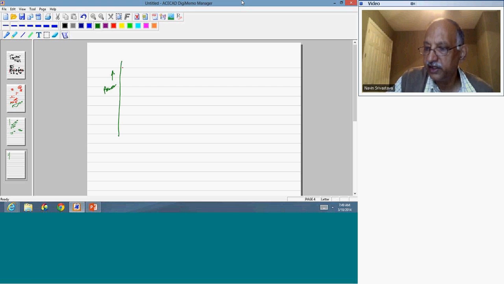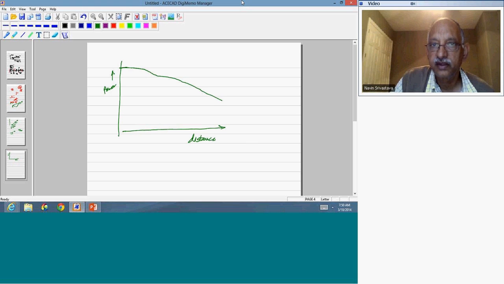As we travel, this is distance. So the power is going to decrease, isn't it? As a function of length, this power decreases, which is basically inversely proportional to 1 by d square.